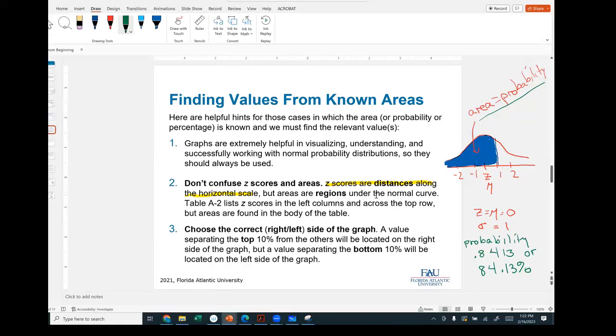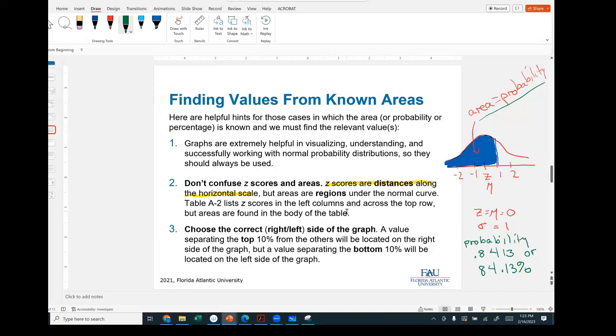But areas or regions under the normal curve, that's what I just said. You probably won't be using a table. List the z-scores in the left column and across the bottom row, but areas are found in the body of the table. I think I showed you the z-score tables in the last video, so I don't think there's any point in bringing that back up, but I don't think you're going to be using them anyway.